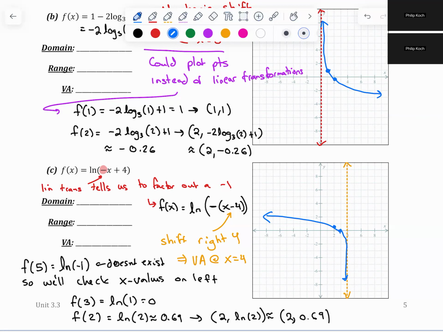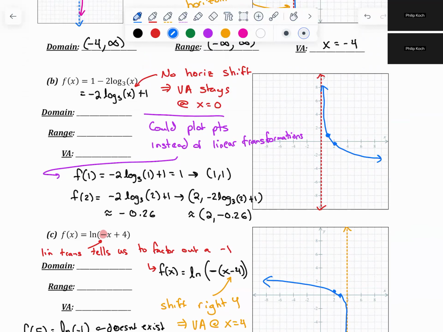All right. So the domain for this first one, I forgot to write it, but it's 0 to positive infinity, and its range is -infinity to positive infinity with a VA at x equals 0.